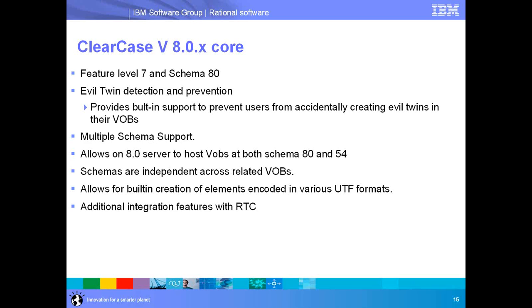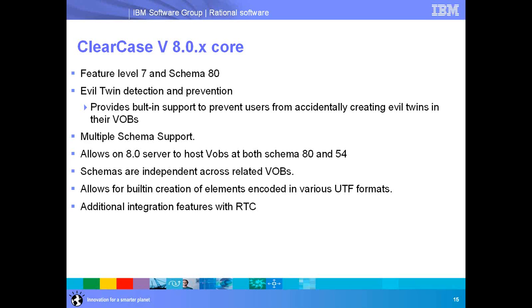When we say multiple schema, this option would help you when you are executing the upgrade, because when you perform an upgrade, obviously your WABs would be at an older schema version, that is 54. As soon as you upgrade, it's not possible for you to reformat your WAB and increase the schema level to 80. So you would need some time.